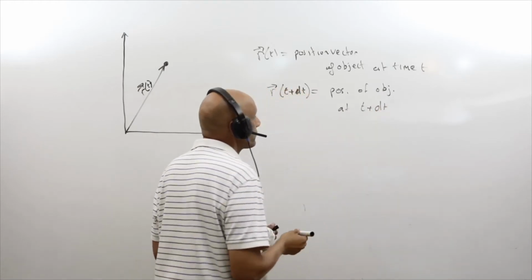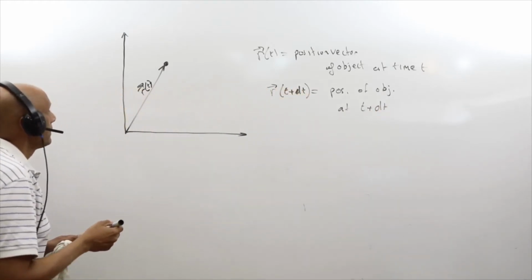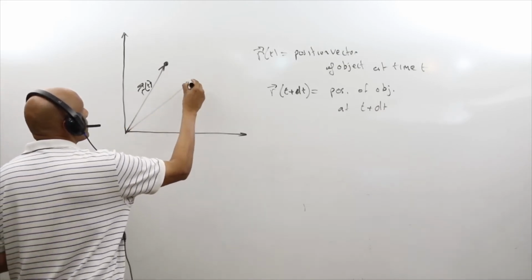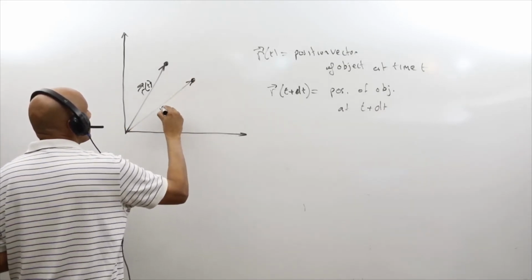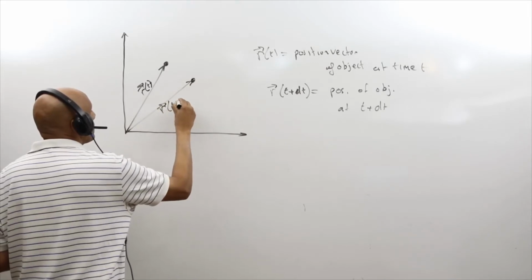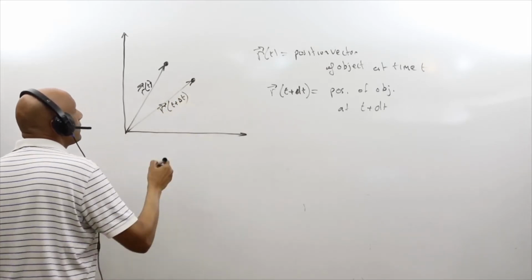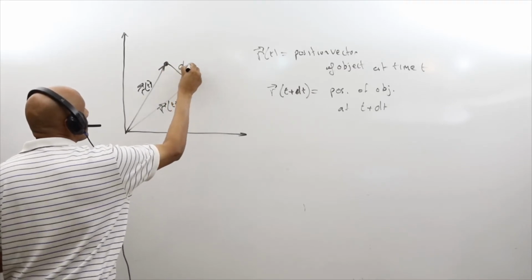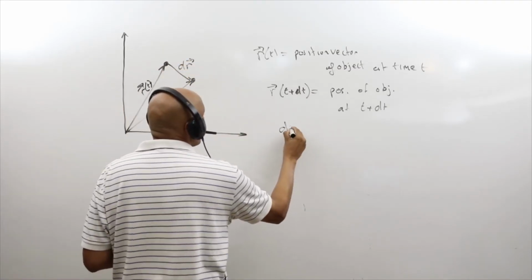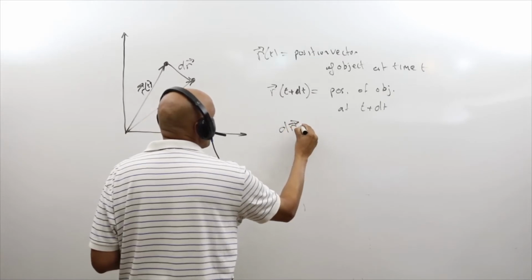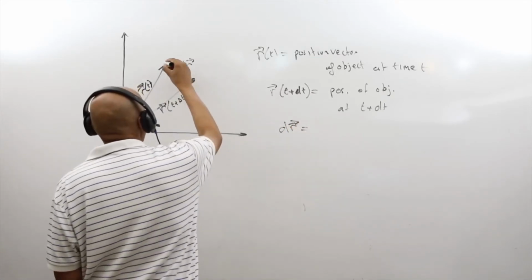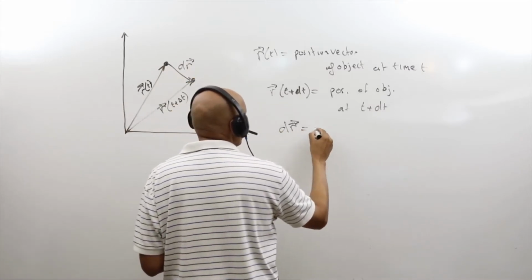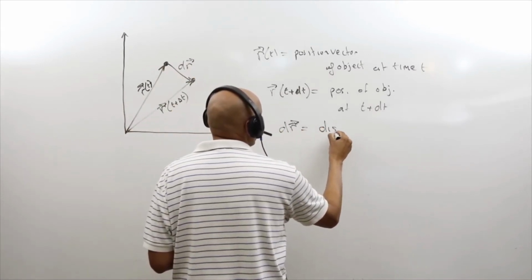So you get used to differentials instead of delta. The new position is over here. The displacement vector corresponding to this is dr. The differential dr vector, the vector drawn from the initial time to the final time, is the displacement vector.